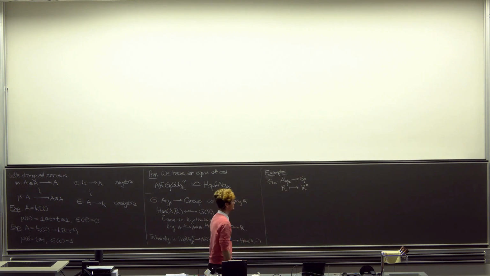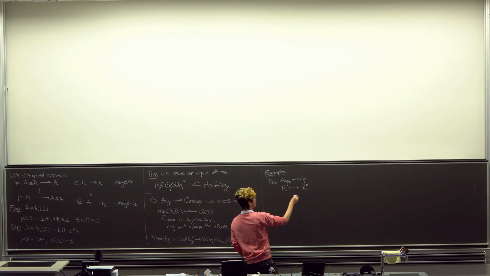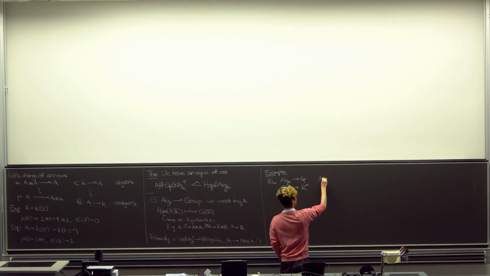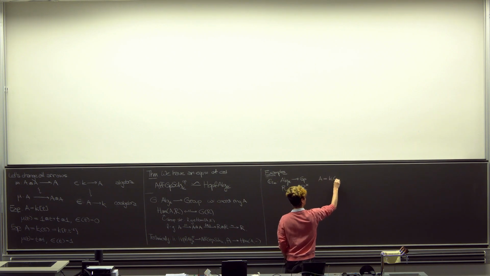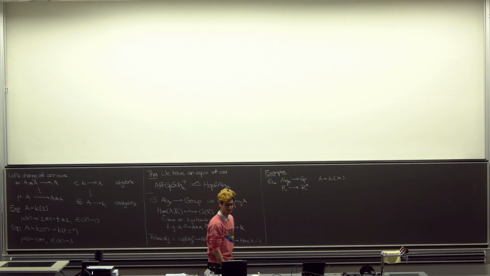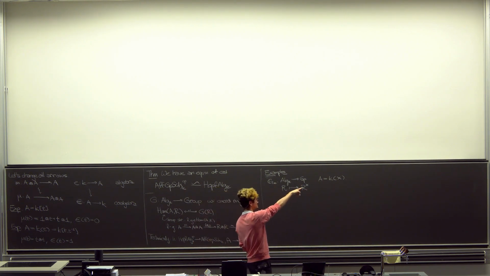This is a group. I can also say where the homomorphisms go. If I have a ring homomorphism, I can just restrict it to the group of units. And I claim that this is represented by this Hopf algebra, the same one I've written before. This one is a group. And this one is a representing object.